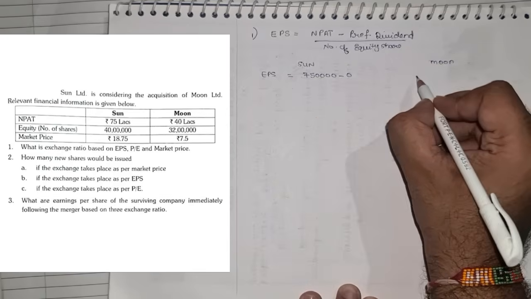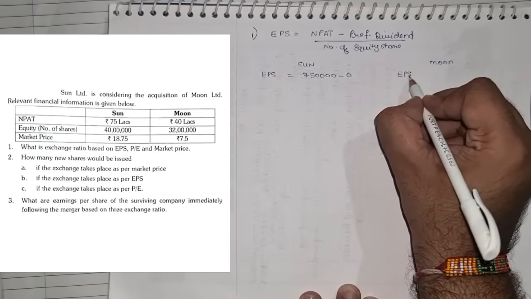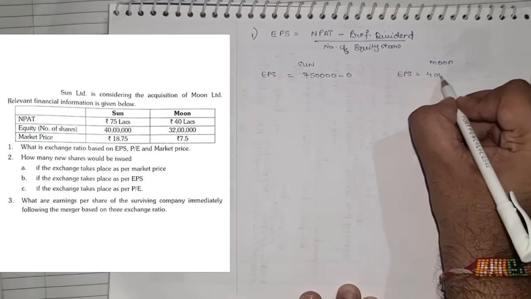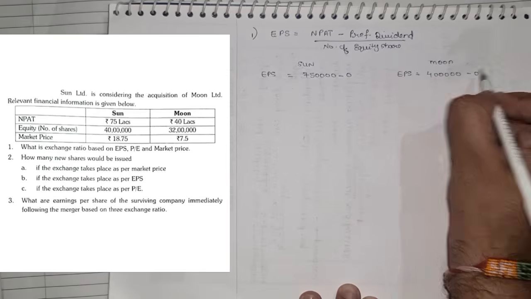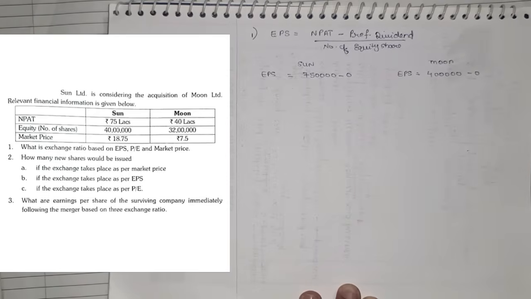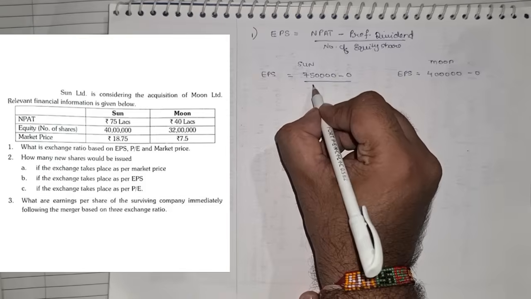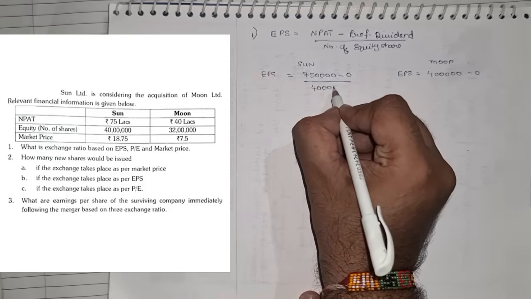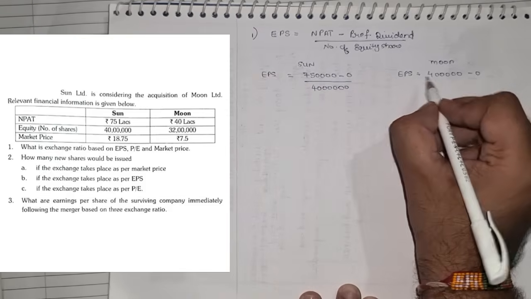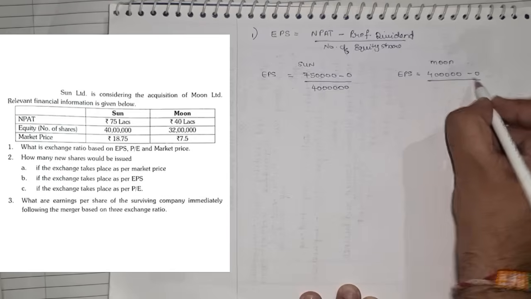Less preference dividend, so there is no preference dividend, same way for Moon, it is 0. Upon the number of equity shares, which is given as 40 lakhs for Sun Limited and 32 lakhs for Moon Limited.